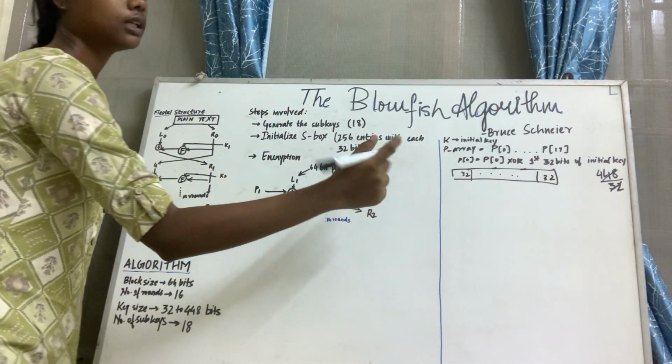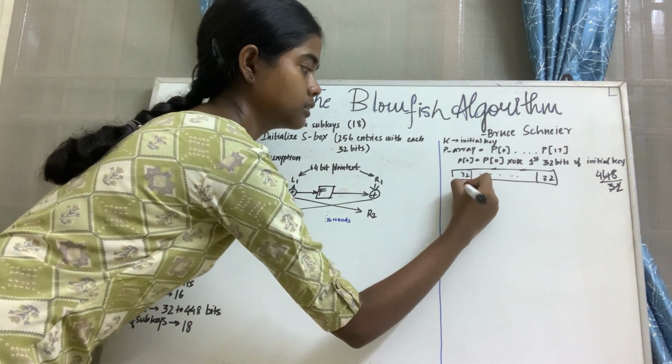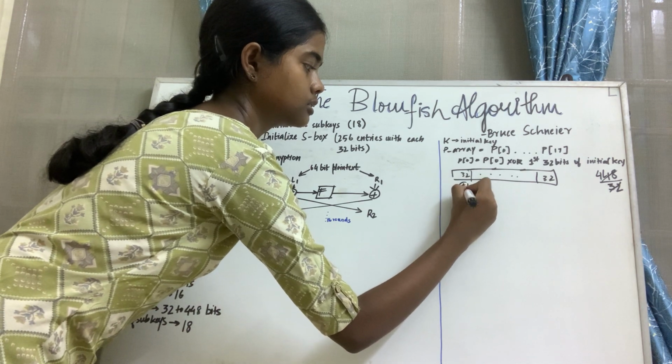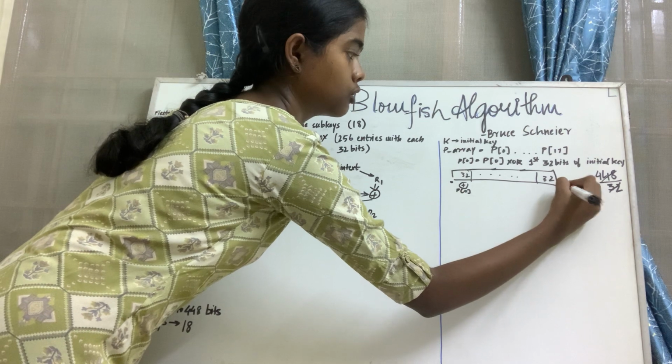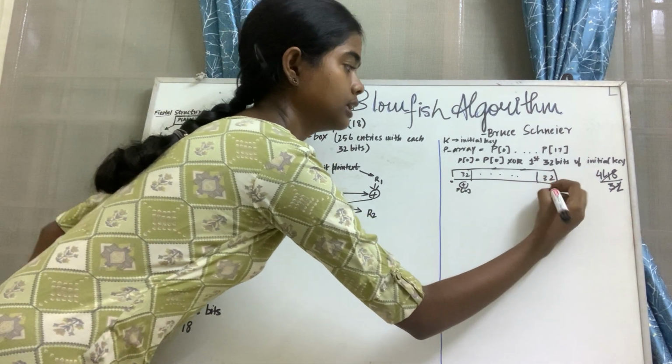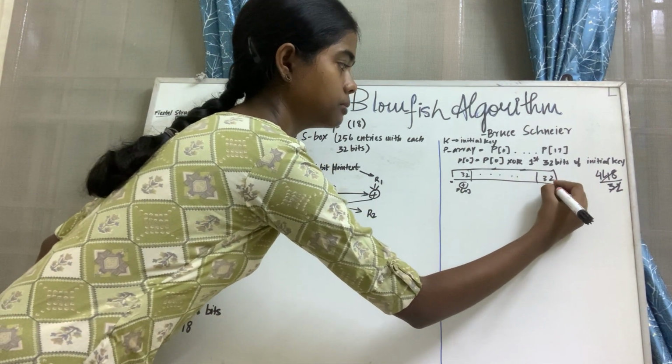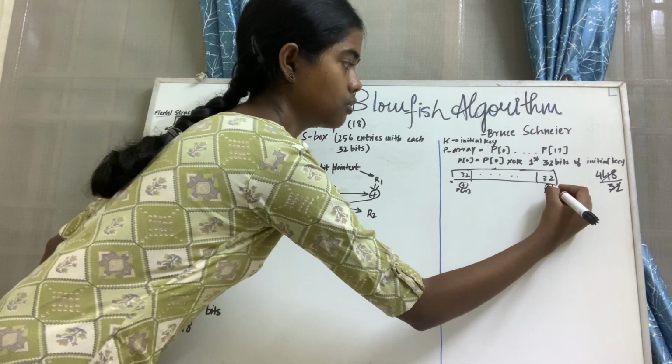Initially we will be performing XOR with P of 0, and this is from length 0 to 448. Finally the last one will be performing XOR with P of 13.